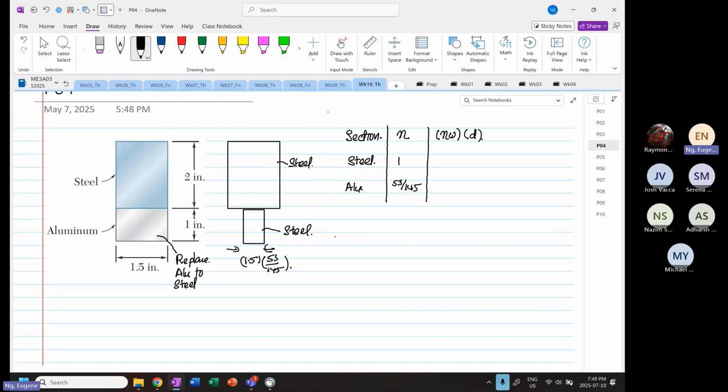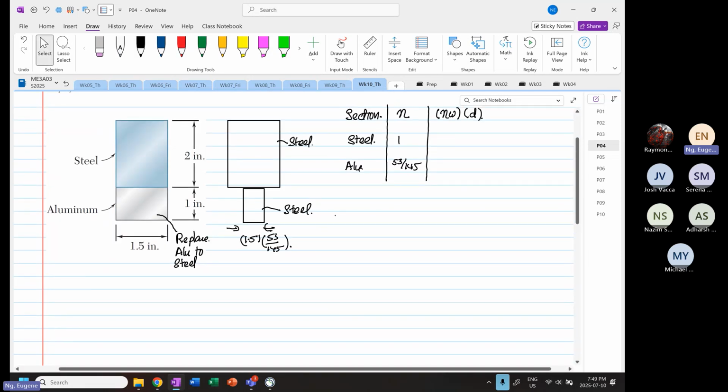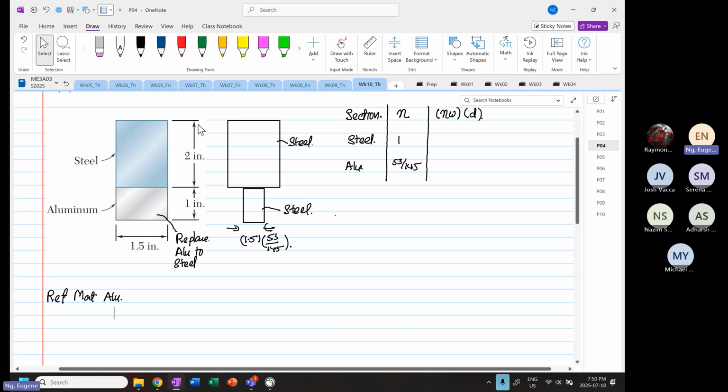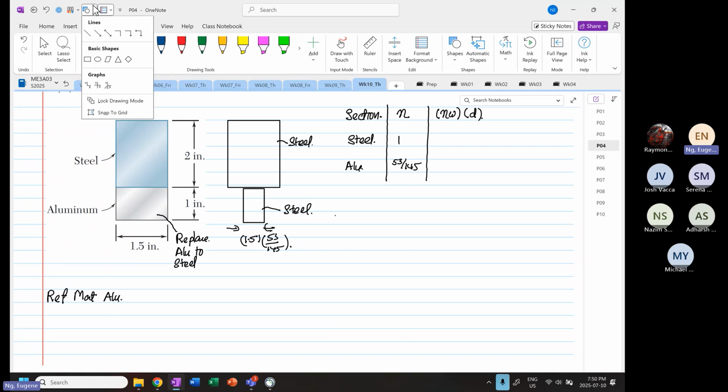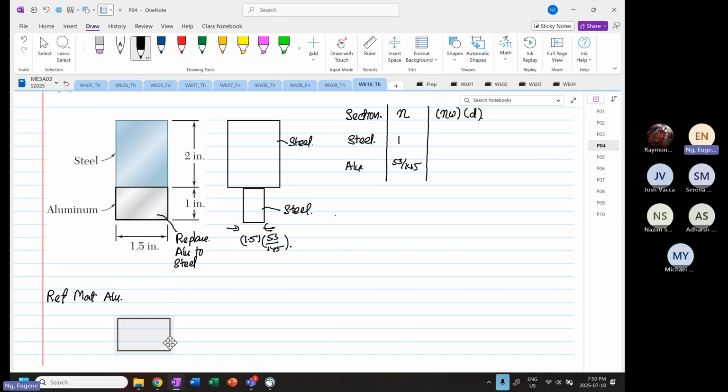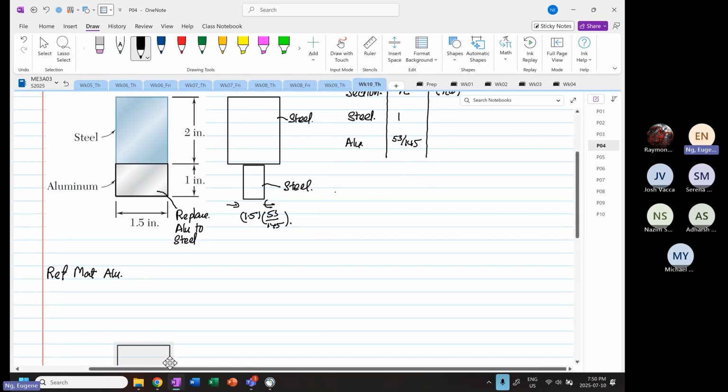Okay, so this is using steel. Now, just for you to visualize, if we were to pick the reference material as aluminum, right? When the reference material is aluminum, see what I'm doing now. The aluminum itself did not change in size.